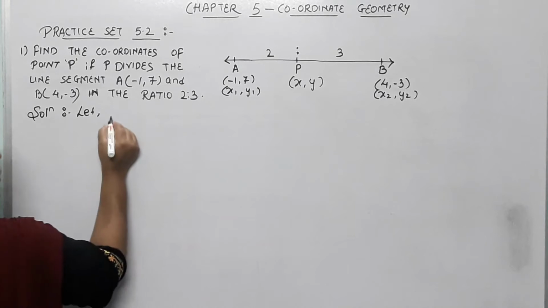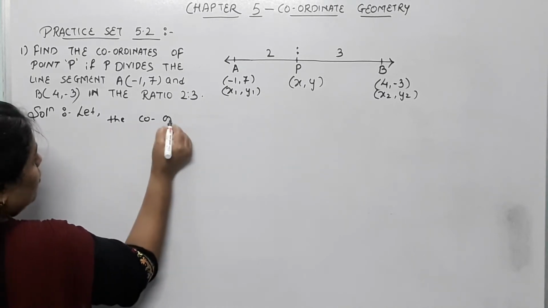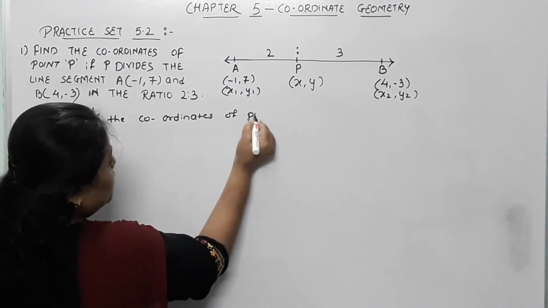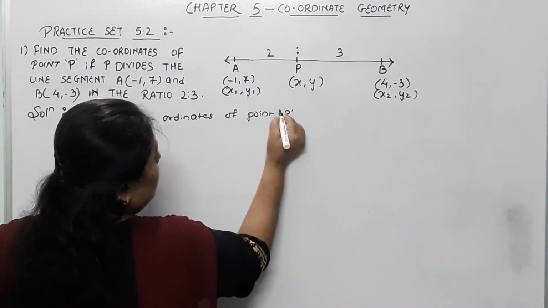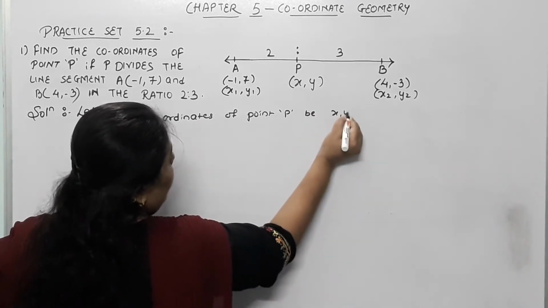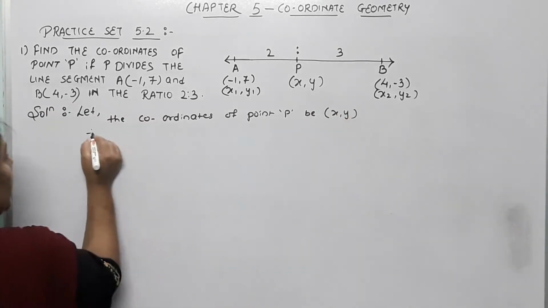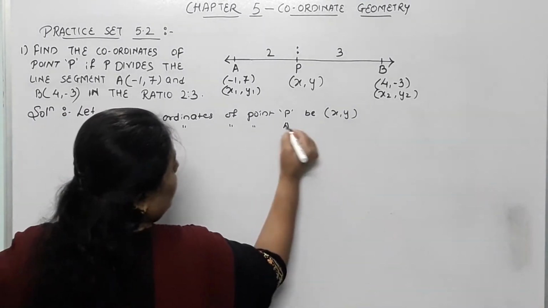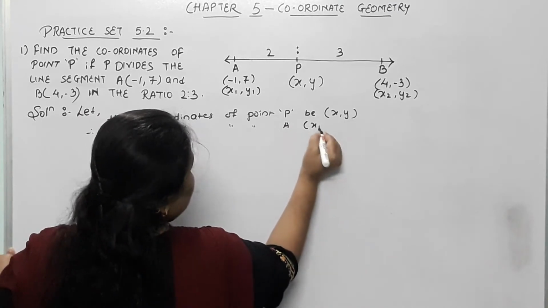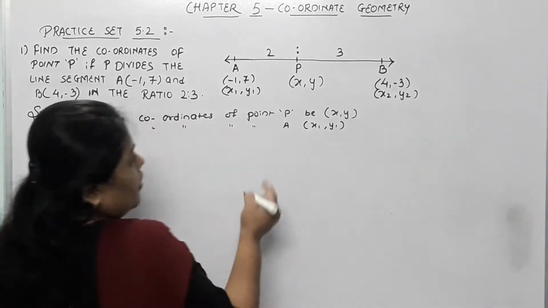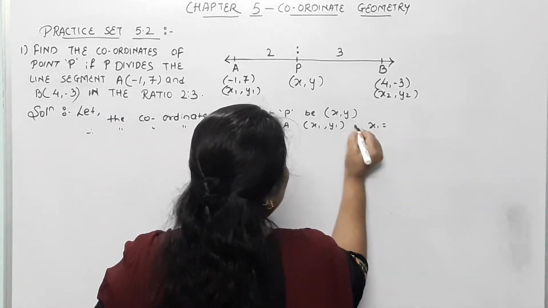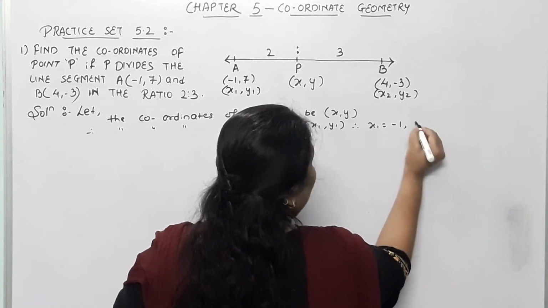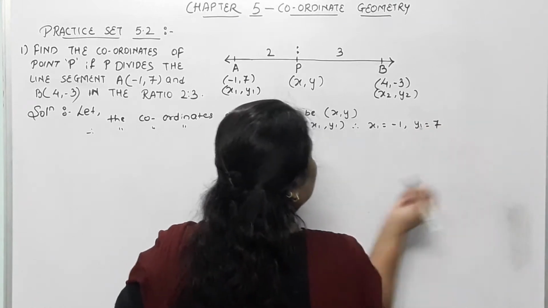Let the coordinates of point P be x and y. Therefore, the coordinates of point A are x1, y1, where x1 is -1 and y1 is 7.